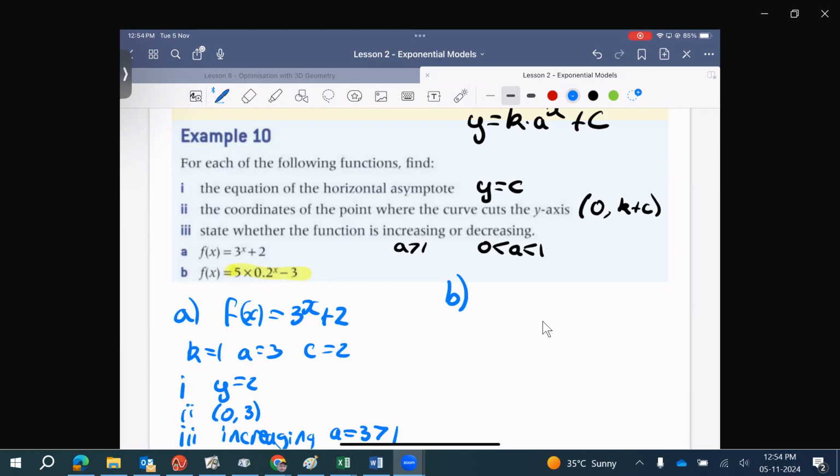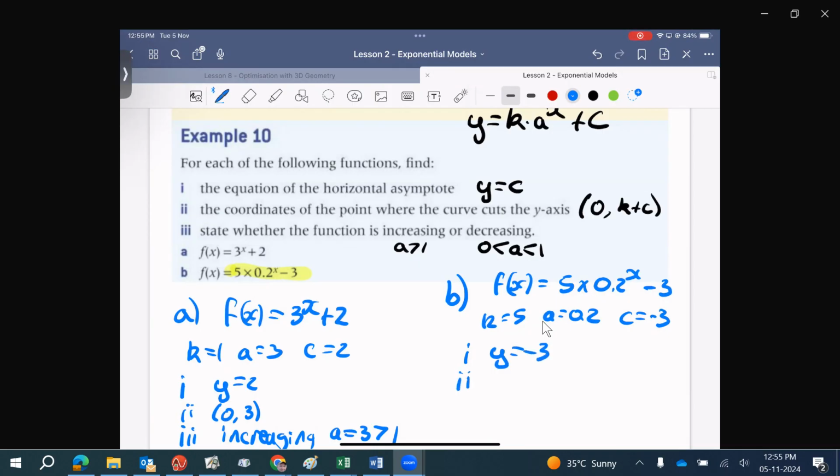All right, so the next one is f of x equals 5 times 0.2 to the x minus 3. k equals 5, a equals 0.2, and c equals negative 3. In our first question, what is the equation of the horizontal asymptote? That's going to be y equals minus 3.